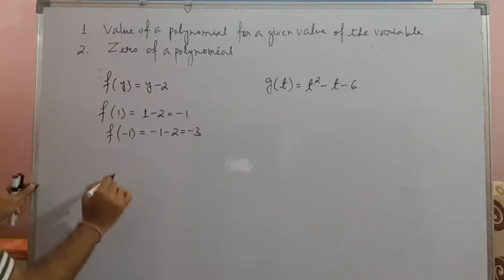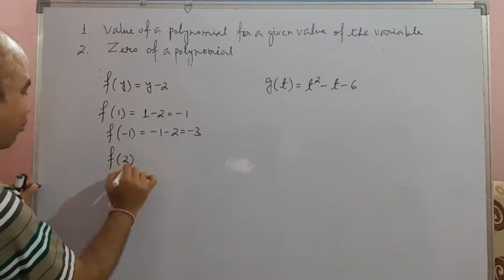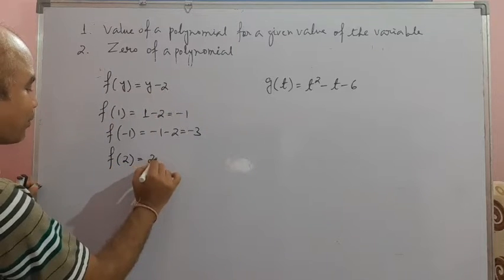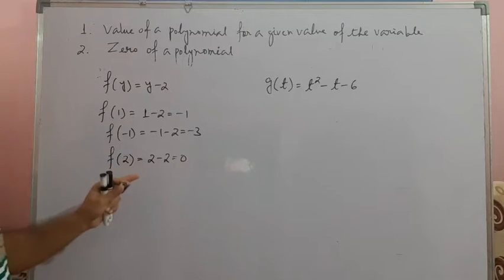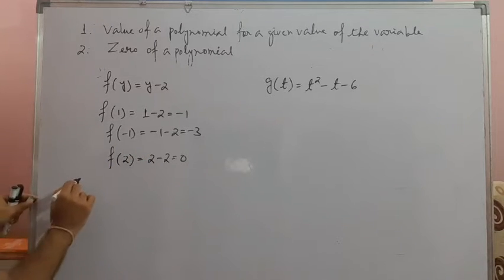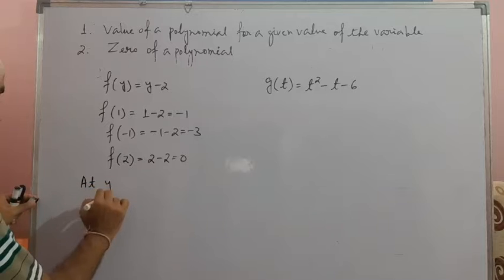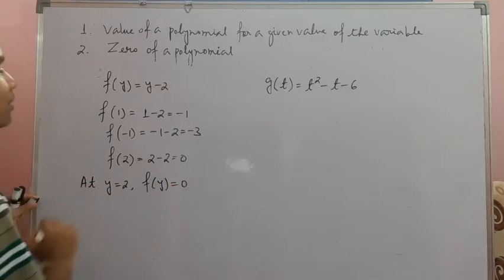So as soon as I put y is equal to 2, it becomes 2 minus 2, that is 0. When I put y is equal to 2, the polynomial is equal to 0. That means at y is equal to 2, f(y) becomes 0.